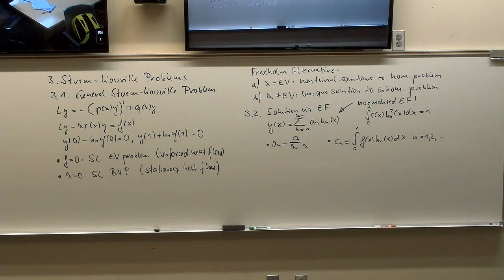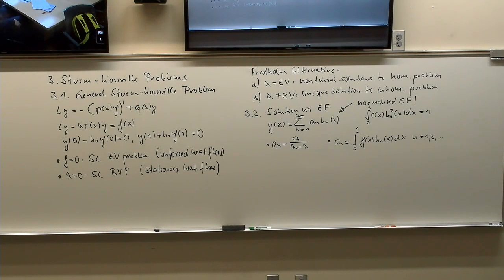And then Fredholm explained to us that we can only deal with one of these cases, not both at the same time. We can have a unique solution to the problem if the lambda is not an eigenvalue.